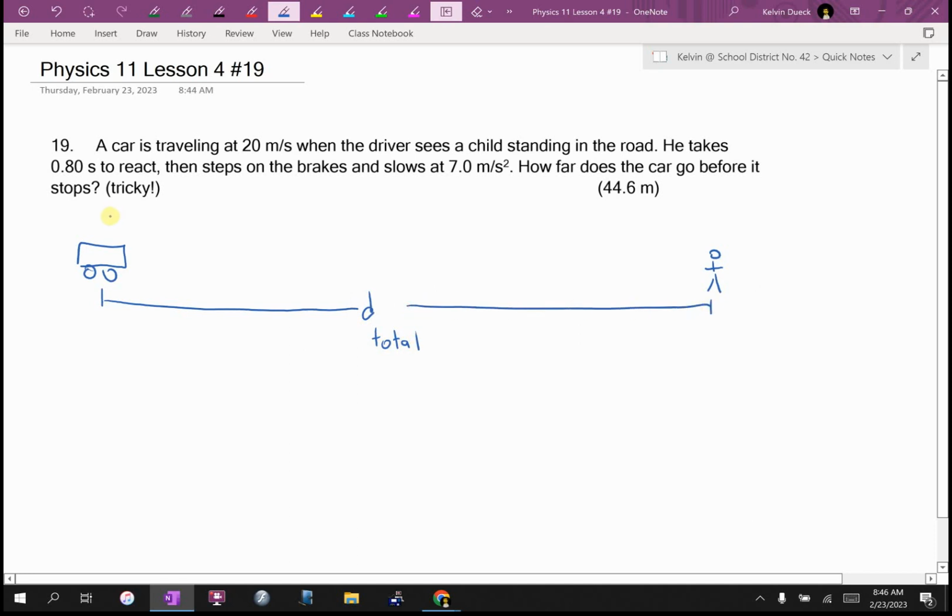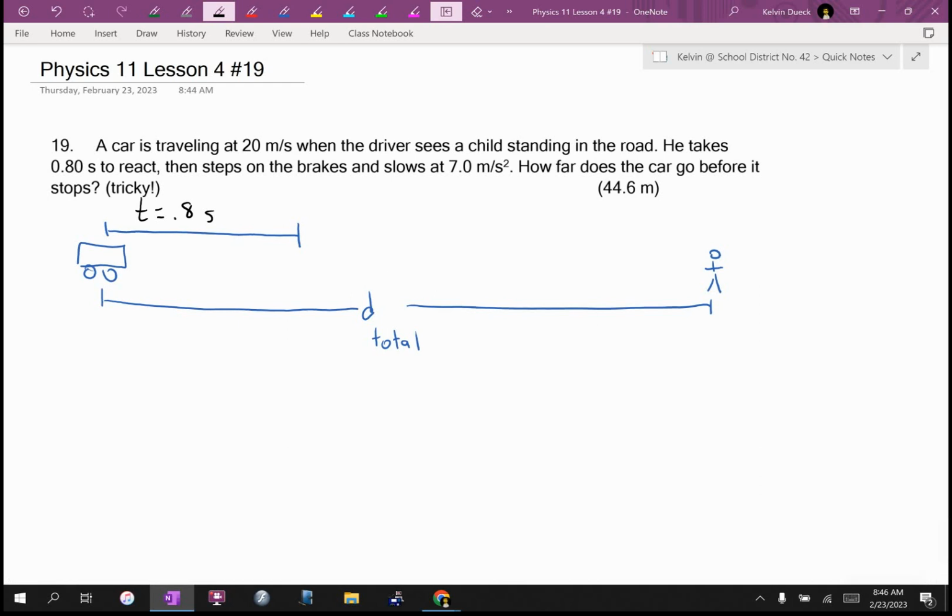But I think what happens is the car coasts for a while. For how long? It coasts for t equals 0.8 seconds. That's how long it takes for the driver to say, oh, there's a kid, I need to hit the brakes. So this is going to be the distance coasting, which I'll abbreviate DC.